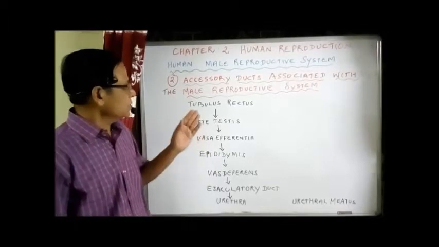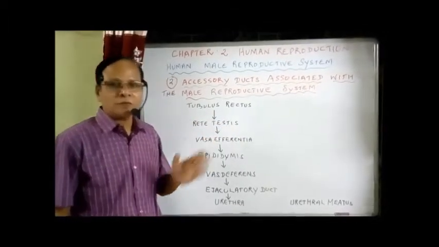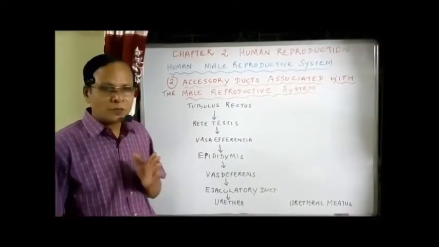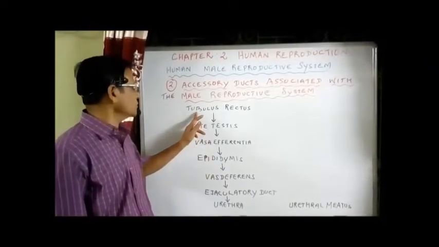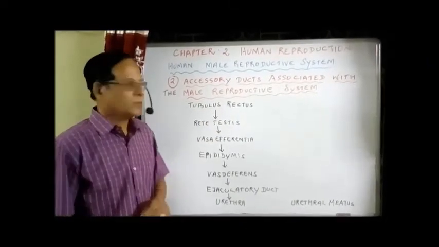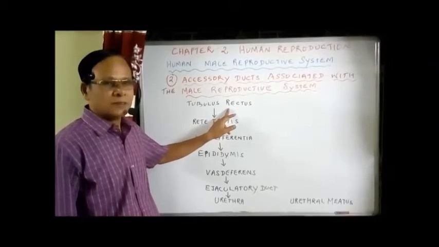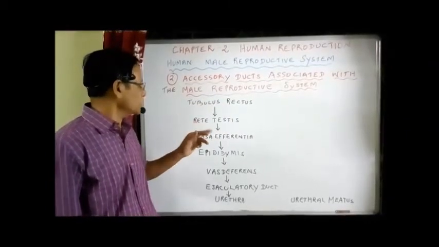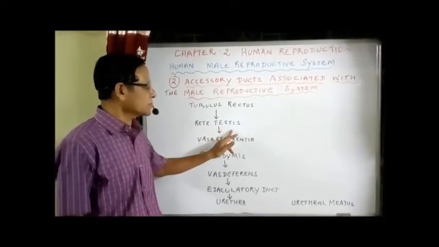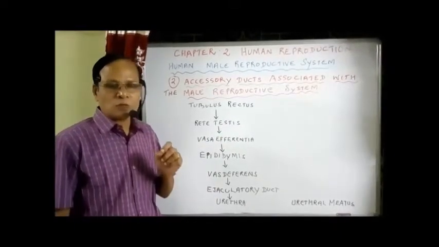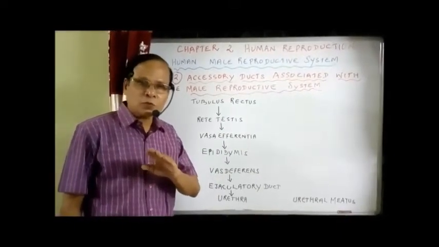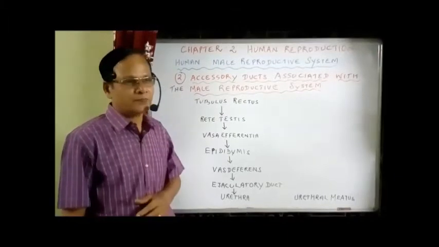Now, the seminiferous tubules converge to form a tubular structure that is called tubulus rectus. The tubulus rectus convey the spermatozoa into another structure called rete testis. It's a network of tubules present on the posterior side of the testis.